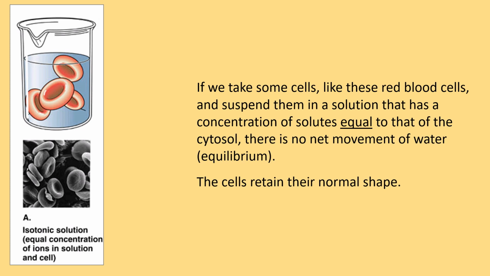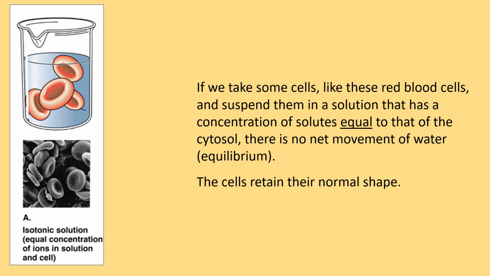So what's their overall concentration? And the two fluids that are being compared here are the cytosol, so inside the red blood cells, and the extracellular fluid, so that blue fluid in the beaker. When we take red blood cells and we suspend them in an isotonic solution, that might be a 0.9% sodium chloride solution.